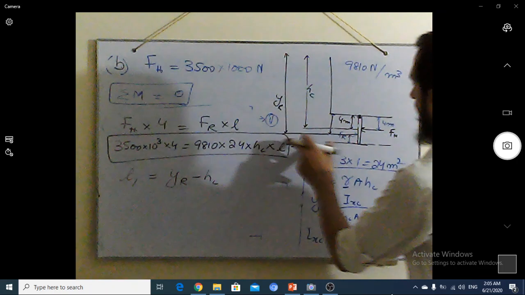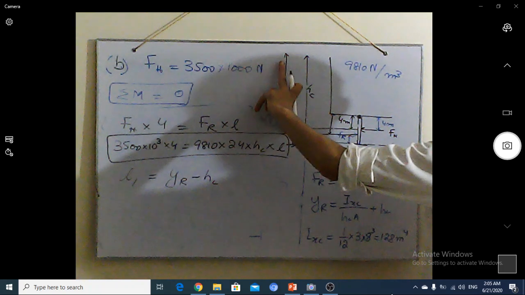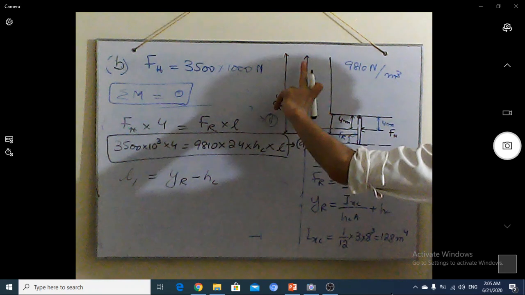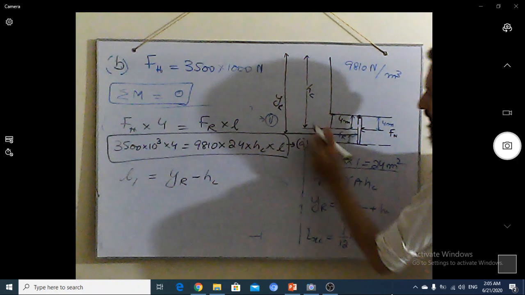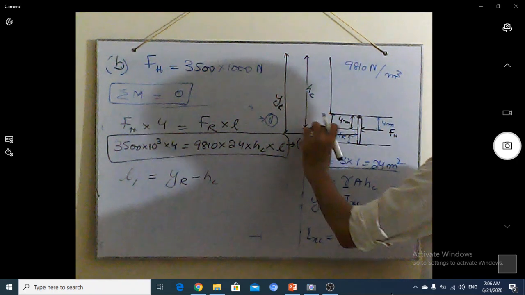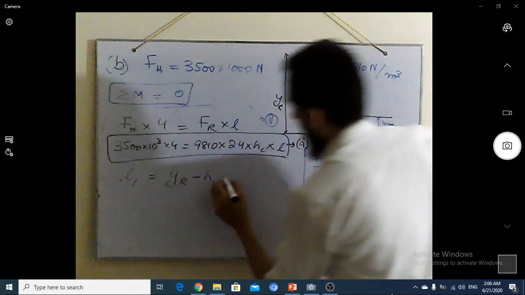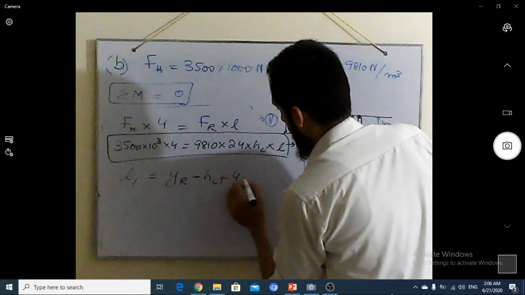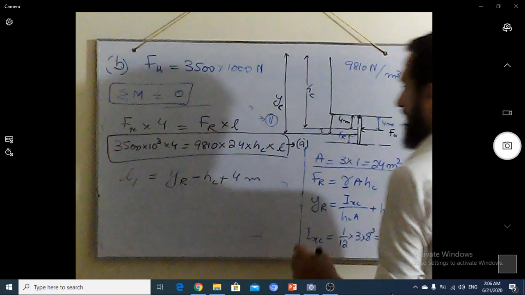YR is this complete length from which I have to subtract HC. So now I am here in only a very small part, and in this part I have to add this 4 meters. So I just add 4 meters here.